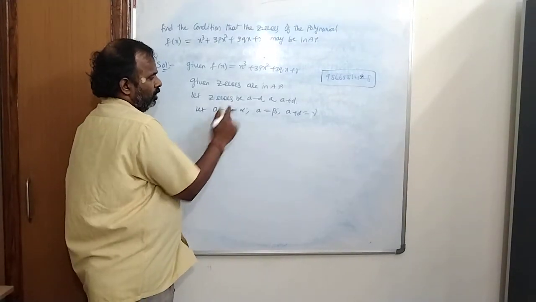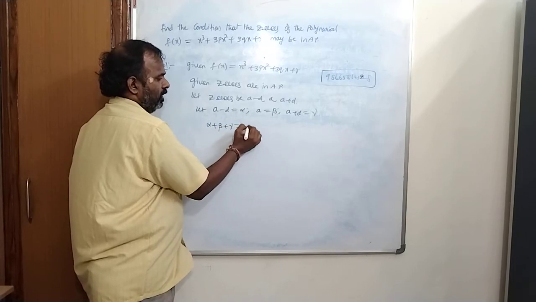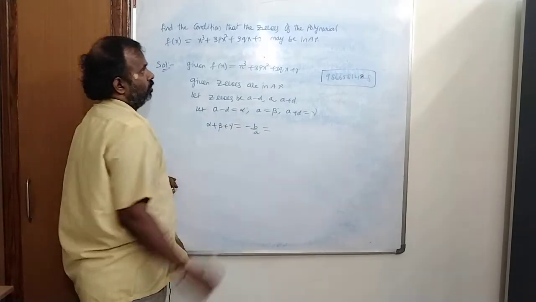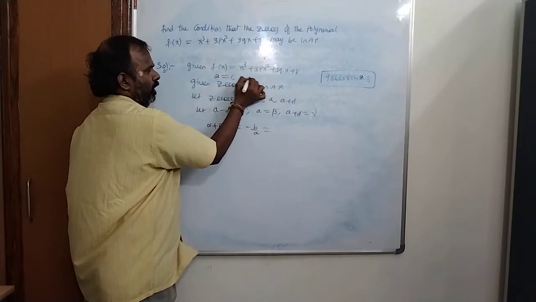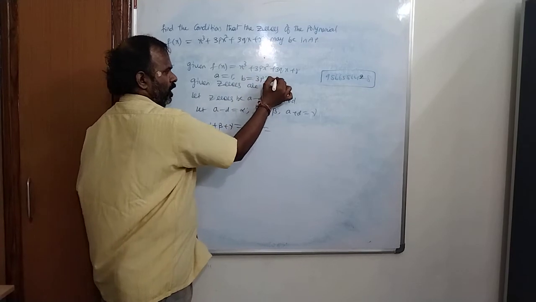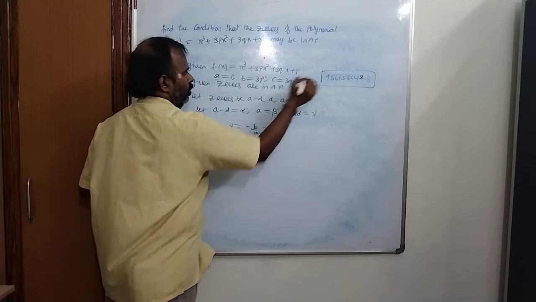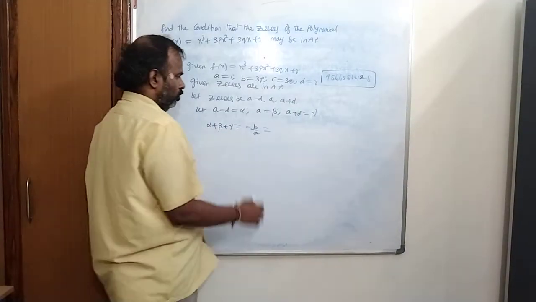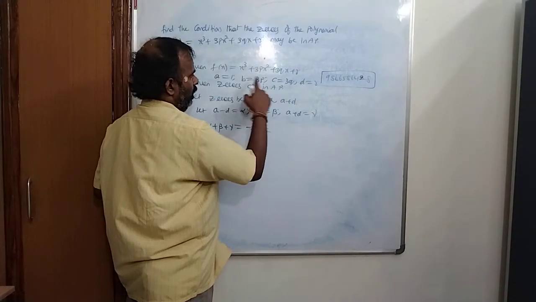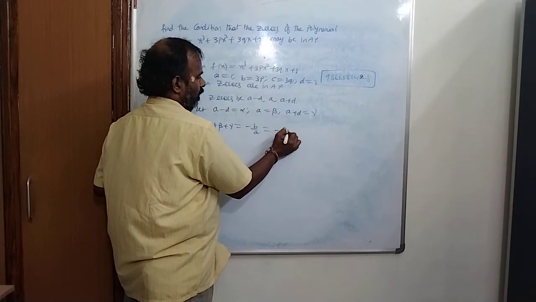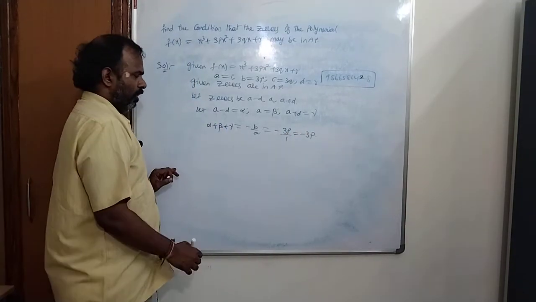So here sum of zeros, that is alpha plus beta plus gamma, is equal to minus b by a. Here a is equal to 1, b is equal to 3p, c is equal to 3q, d is equal to r. So here minus b by a, minus b is 3p by 1, that is minus 3p.